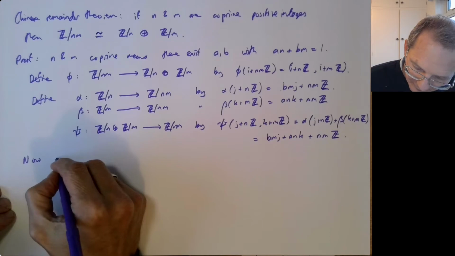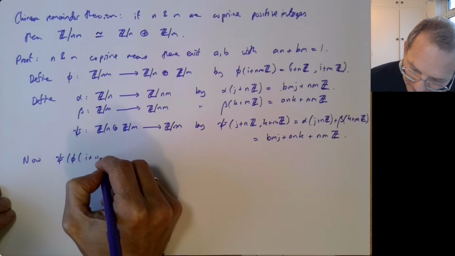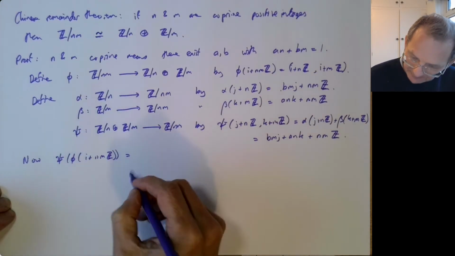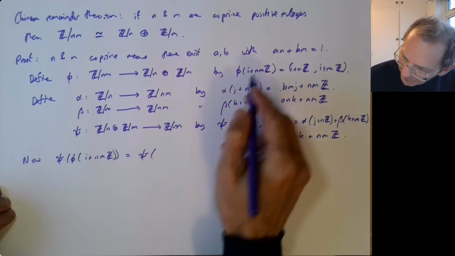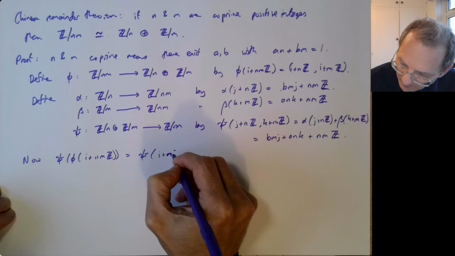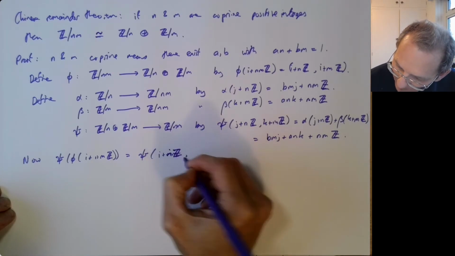Okay, so one way around, let's look at psi of phi of I plus nmz. So that's psi, just filling in the definition of phi, of I plus nz, I plus mz.